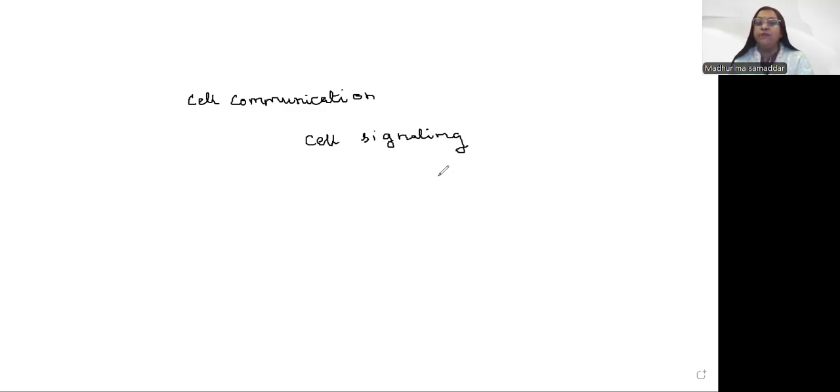What we are going to cover today is, firstly, how this cell signaling works, and what are the different forms of cell signaling, that means different kinds of short and long range signaling that happens inside our body.